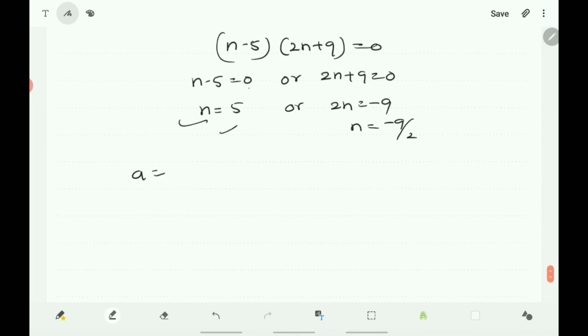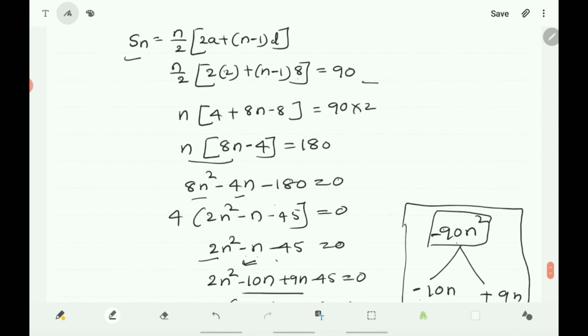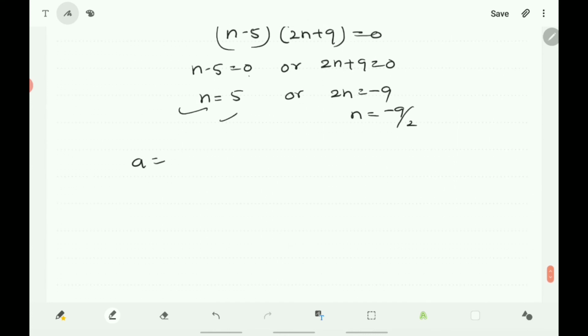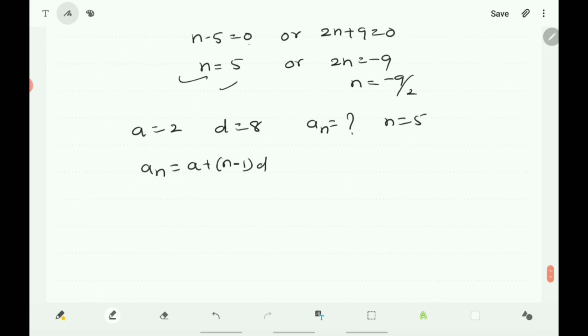A is equals to 2, d is equals to 8, and an is equals to question mark, here n is equals to 5, and write the formula for an. An is equals to a plus n minus 1 into d. Then an means here a5.